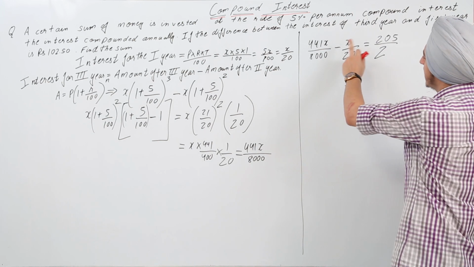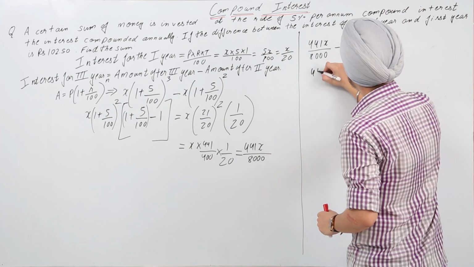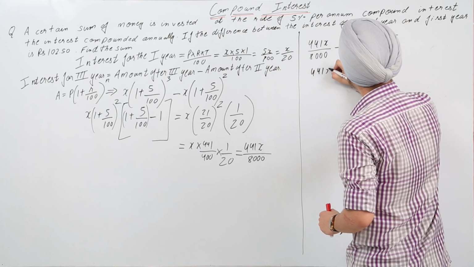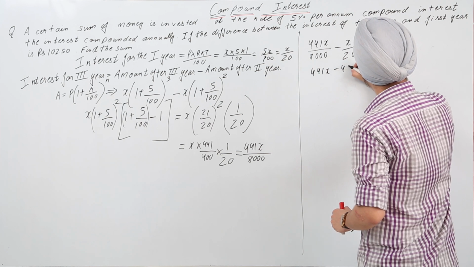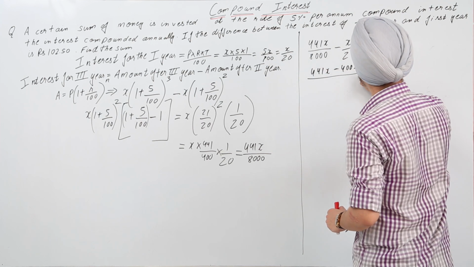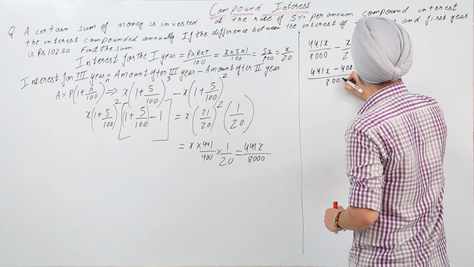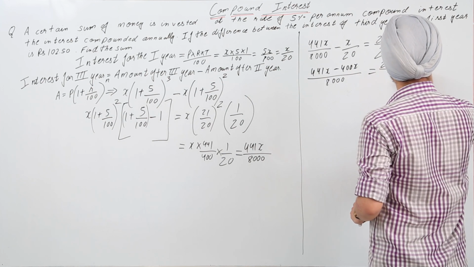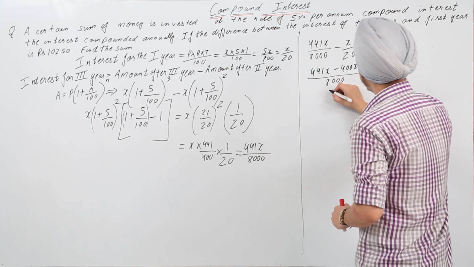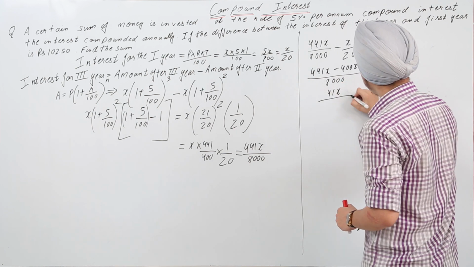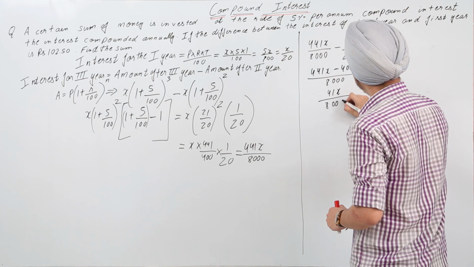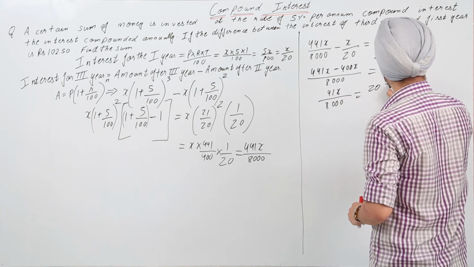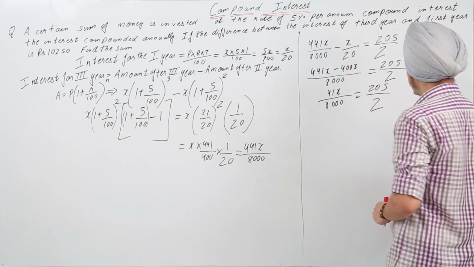So solving this, we get 441x minus 400x upon 8000 is equal to 205 upon 2. So we get 41x upon 8000 is equal to 205 by 2.